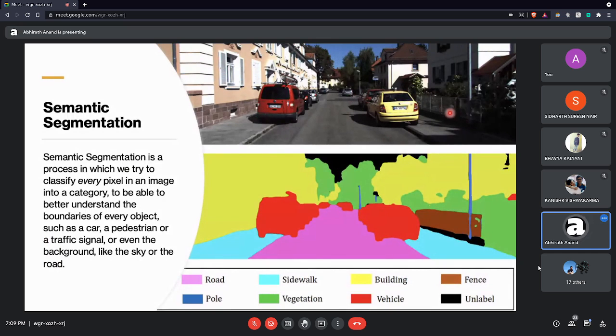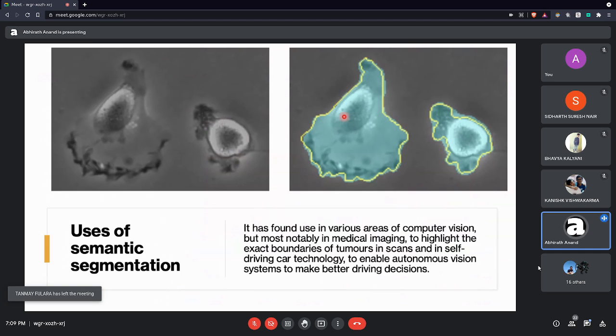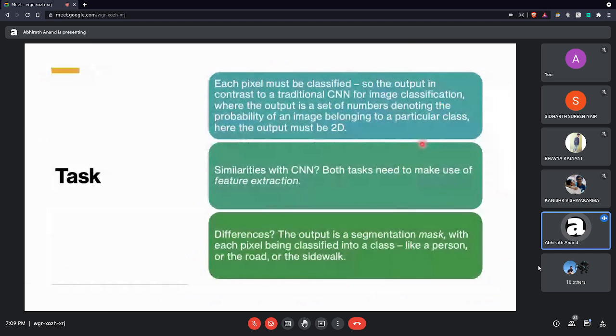If you're looking at finer details, each of these license plates is also a feature. But one of the things common between image classification and semantic segmentation is this idea of extracting features from the image. And this is where convolutional neural networks are so good. They extract features from the image.